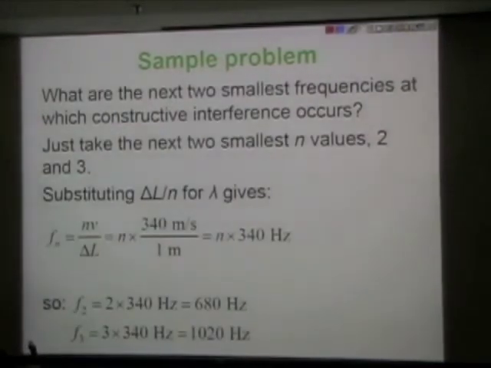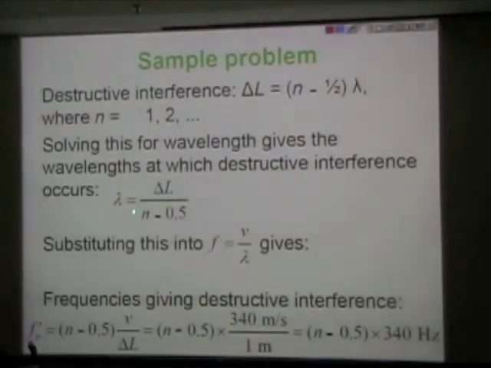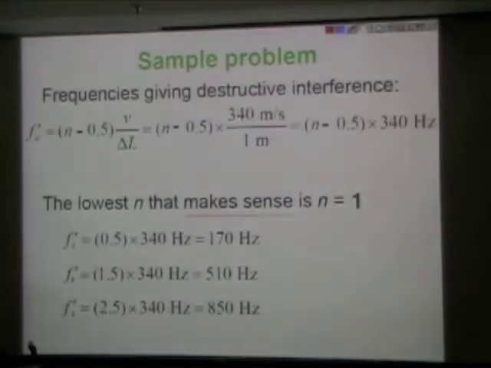And also, if we apply the condition for minima, n equals 1, n equals 2, n equals 3 will give you frequencies and wavelengths for completely destructive interference at that location.